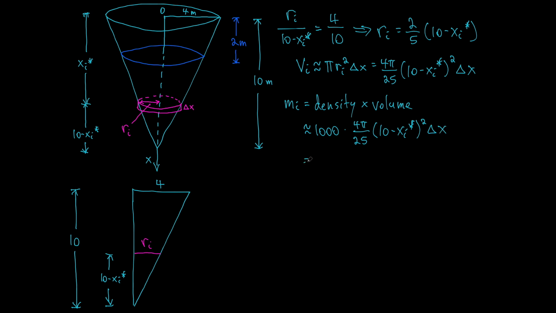So we could simplify that a little bit. We get 160 pi times 10 minus xi star squared delta x. So now we finally have our mass.